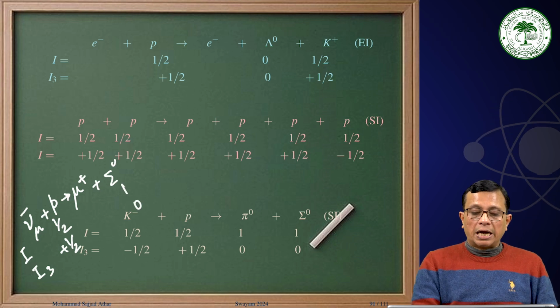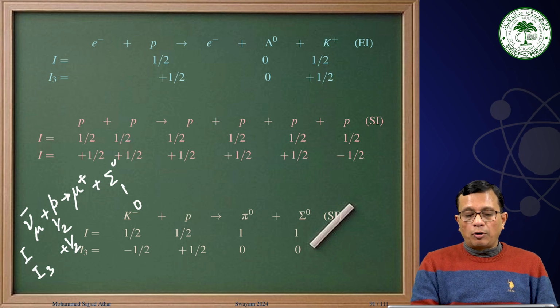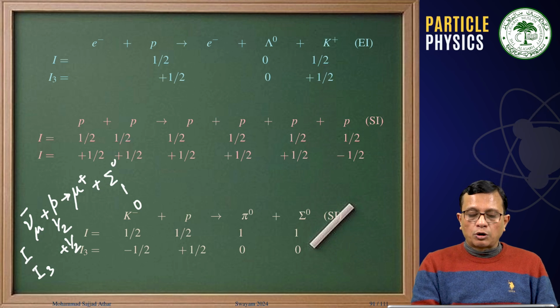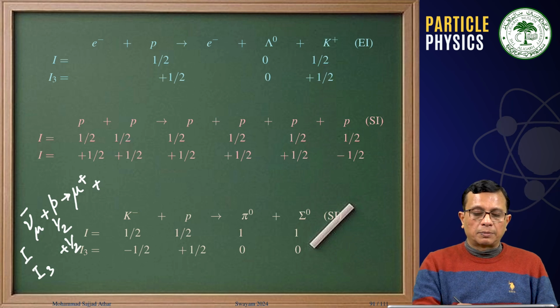And you see, I am not assigning any isotopic spin to the leptons. I am assigning the isotopic spin quantum number and its projection to the hadrons. Sigma 0 isotopic spin is 1, whose projection is 0. Therefore, here also, neither are you conserving isotopic spin nor I3. Therefore, this is an example of a weak interaction process.